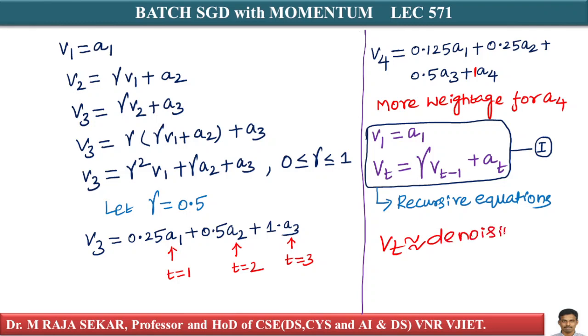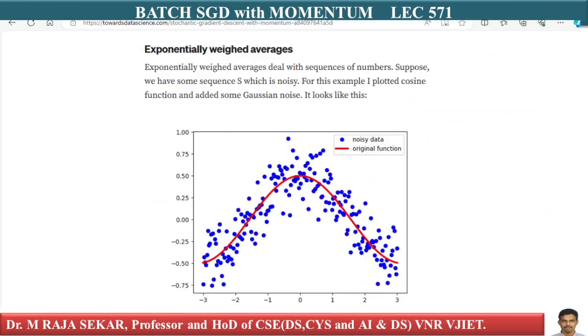It is some sort of average, isn't it? A denoised estimate, where you are giving most weightage to the most recent point and less weightage to the previous data points. In this lecture, I provided a reference link from Towards Data Science. Very nice example. I will provide this particular link in the comment section as well as in the video description, so you can understand better.